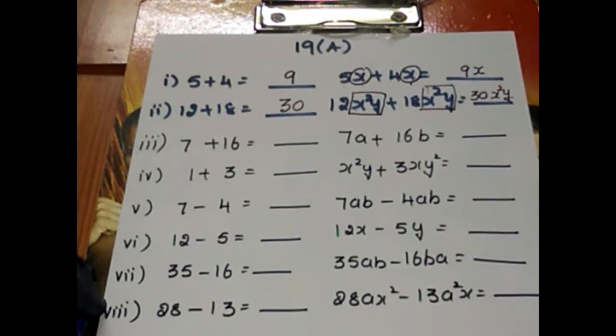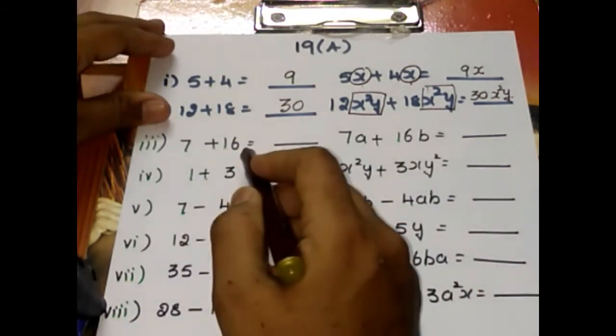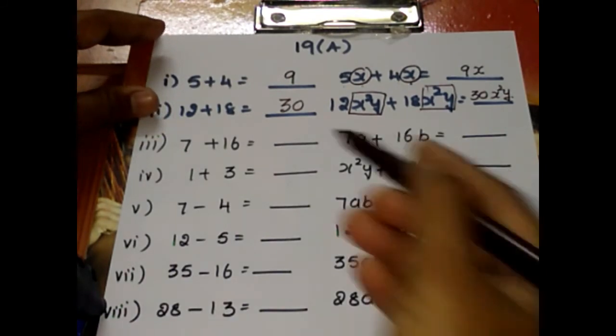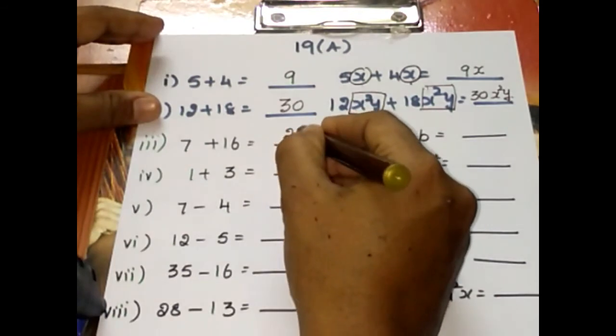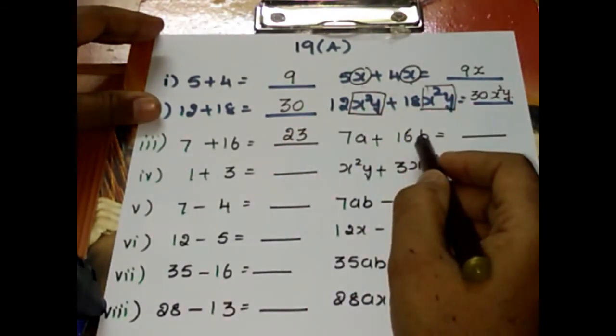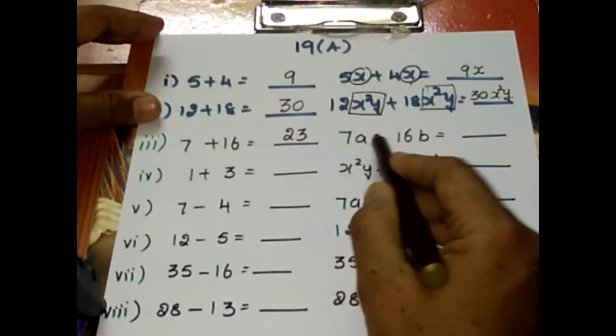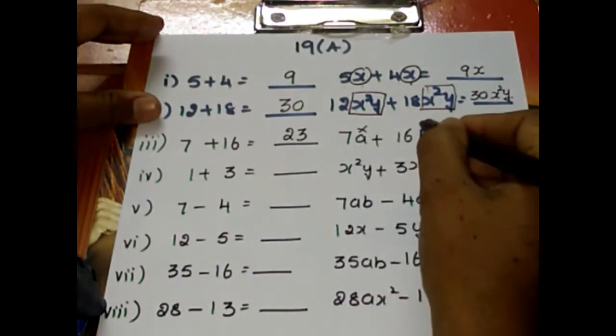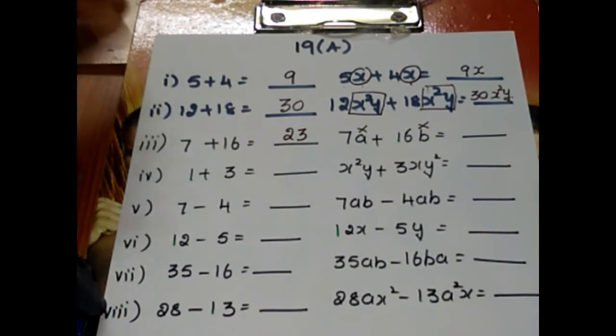Next one. 7 plus 16. Can you guess what is 7 plus 16? It is 23. In the same way, here you have 7a plus 16b. a and b are different variables.